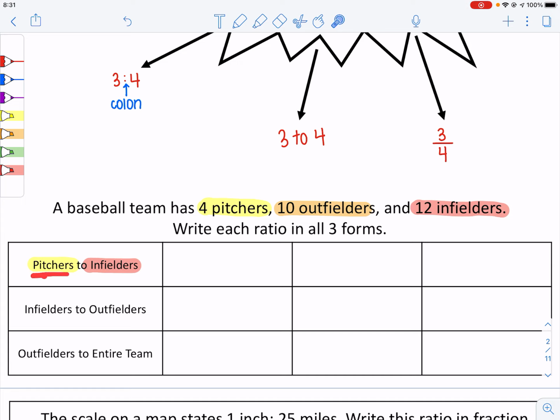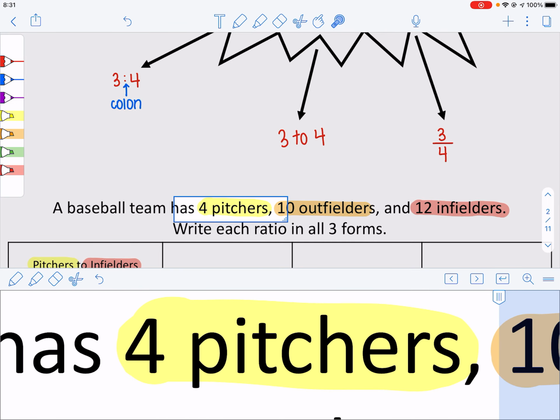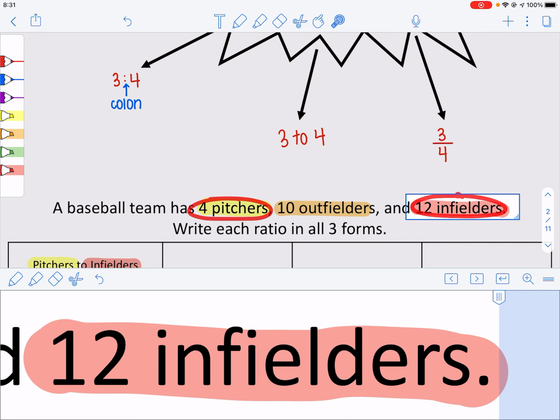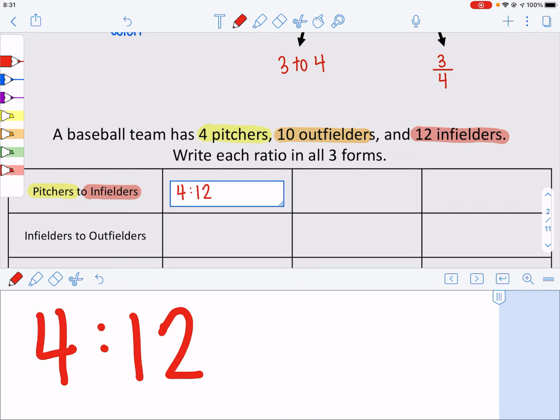In this case, they want the pitchers first and the infielders second. There are 4 pitchers and 12 infielders. So I have 4, because that's the number of pitchers, colon 12, because that's the number of infielders.